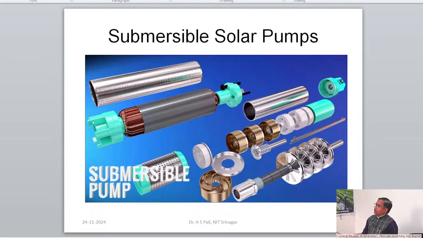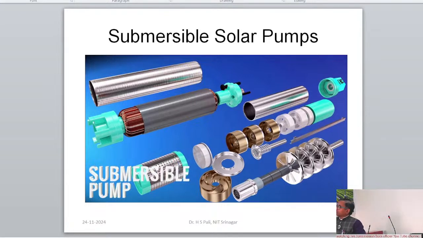But if we go for the submersible pump, as per the name, it is submerged in the water, it is not on the surface. You have to put your pump below ground level, in the borewell. So there is no suction head required, only the delivery head is required, because the pump is only in water. But in a centrifugal pump, both heads work, suction head and delivery head. Okay, so that is the major difference.